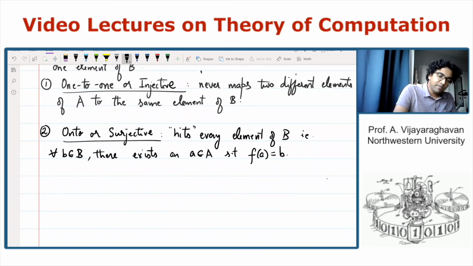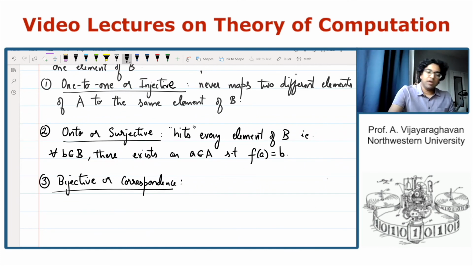Finally, we'll say that a map is bijective, or sometimes this will also be called a correspondence. A function or a map is called bijective if it is both one-to-one and surjective, one-to-one and onto.